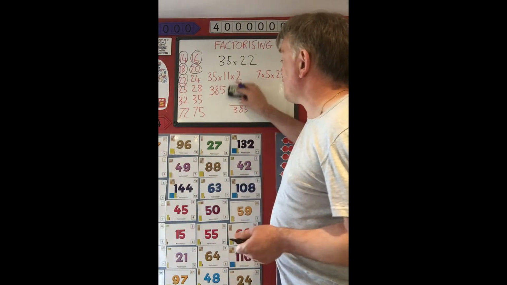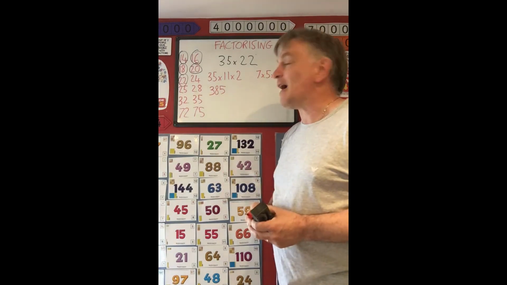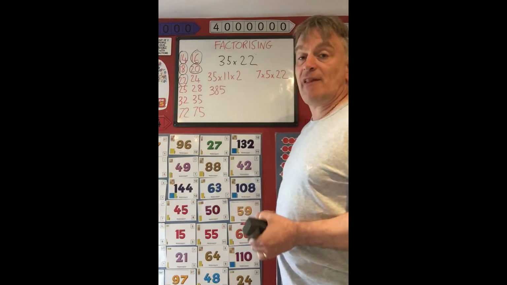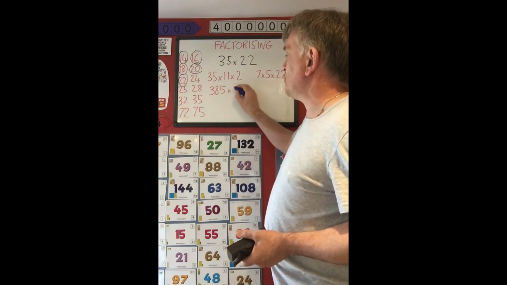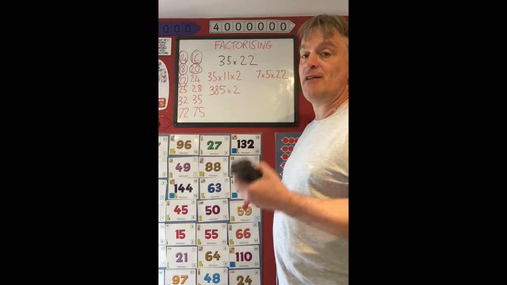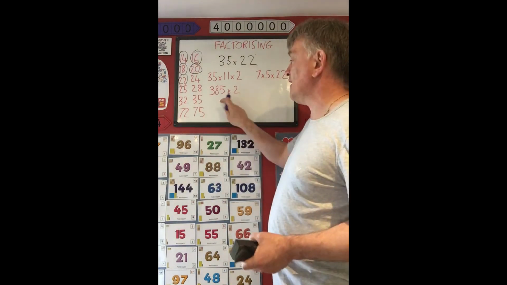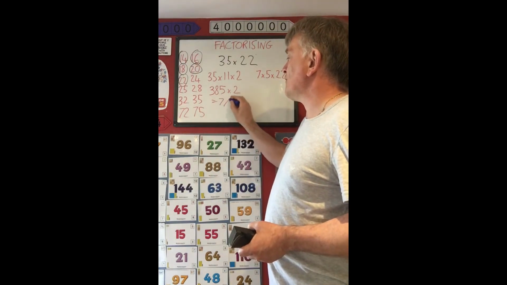So it's just a nice little trick that I use an awful lot. Children in years 4, 5 and 6 love that little times 11 trick. 35 times 11, 385, and I'm just going to double it. Now it's not an easy calculation, but we can double 300 to get 600, double 80, 160, that's 760, and 10 is 770.